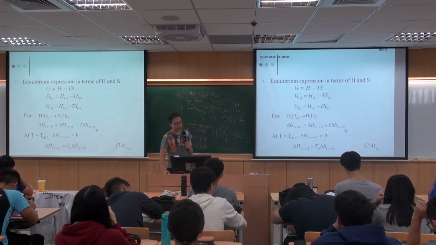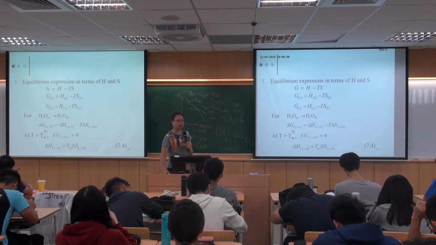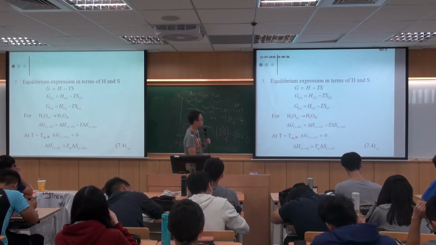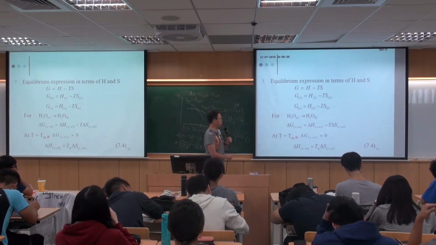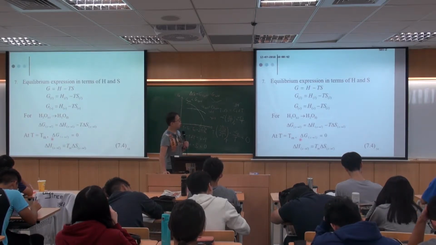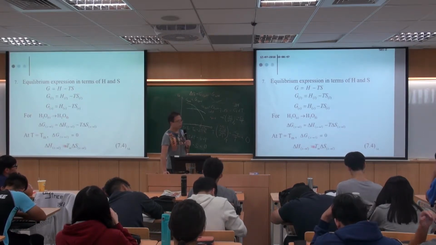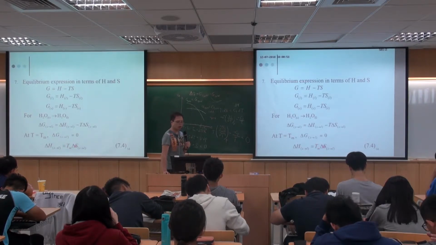Therefore, at the melting temperature, we know that this delta G is 0, because for two different phases, they should have the same Gibbs free energy, same chemical potential. So delta G is 0, and that implies, at equilibrium, at the melting point, delta H should be equal to Tm, which is the melting temperature, times delta S.